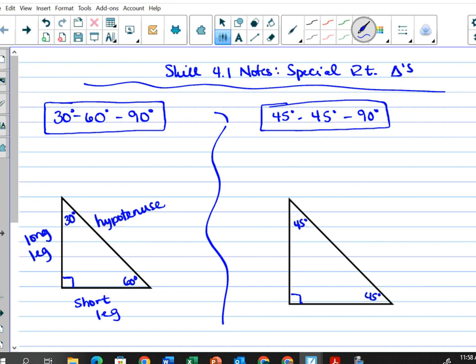In a 45, 45, 90, you just have 2 legs and a hypotenuse. It all went away. Hold on, guys.